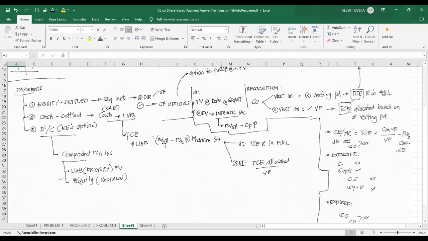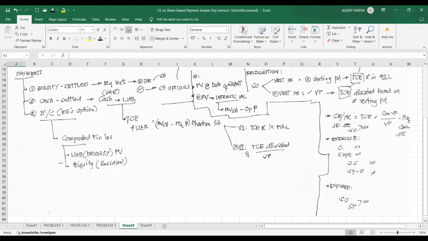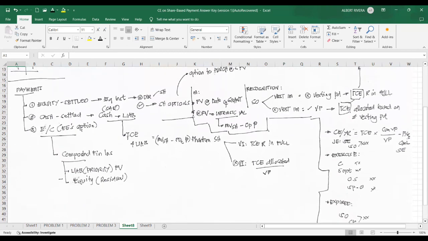Okay? And do not vest immediately, so the total compensation expense should be allocated based on the vesting period. And when we say do not vest immediately, there is a required vesting period or a required service period to be accumulated by the employee to enjoy the cash settled payments.